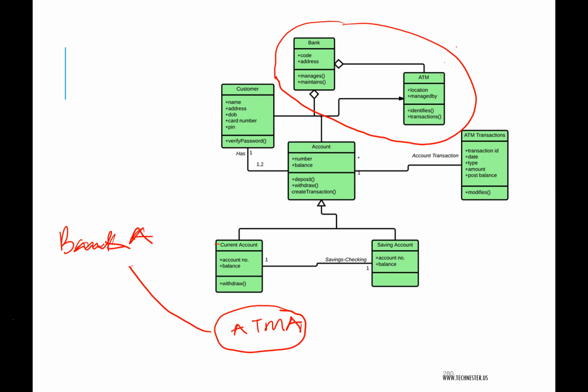So this is saying that the ATM can exist without the bank, but there's a relationship between them where both are aware of each other, so they are aggregated. But ATMs can exist without a bank. That's what this relationship represents. Composition is the one that says B cannot exist without A.